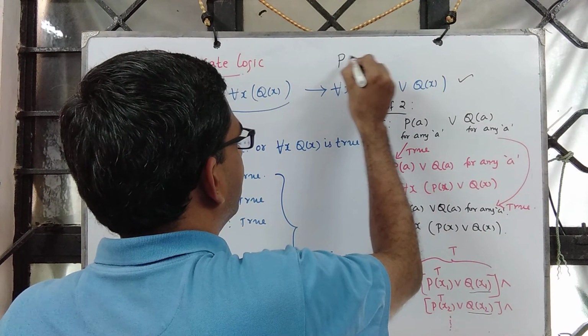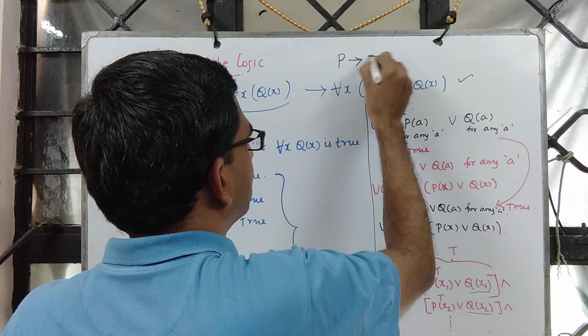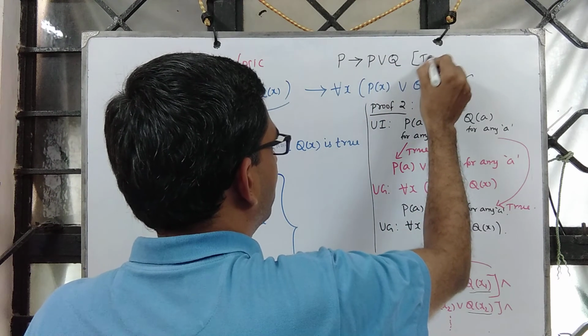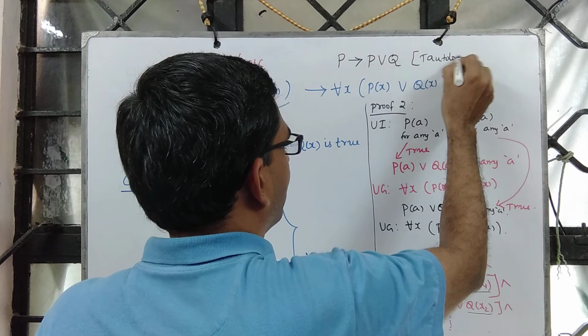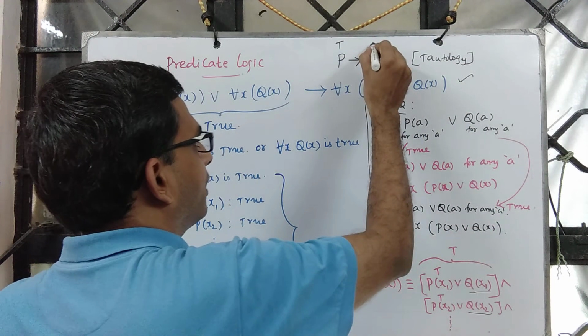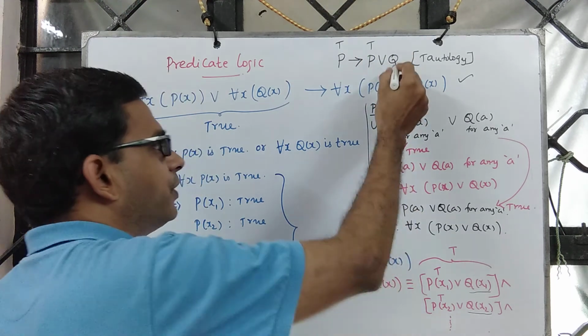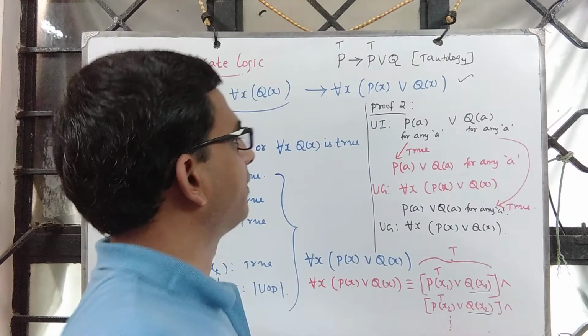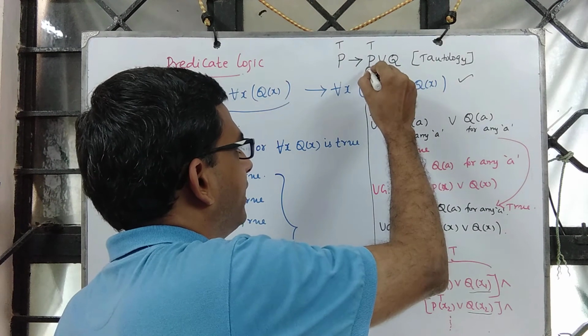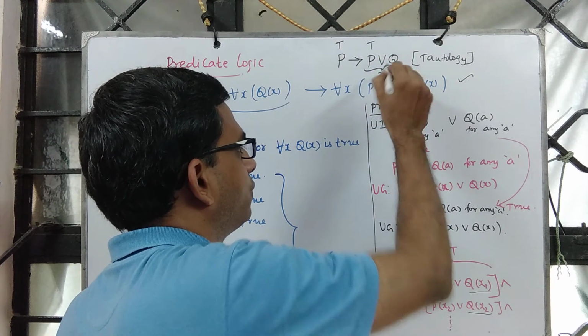We know that p implies p or q is a tautology. You know p is true. Along with p, you can add any other variable. Whether this takes the value true or false, the entire expression is still true.